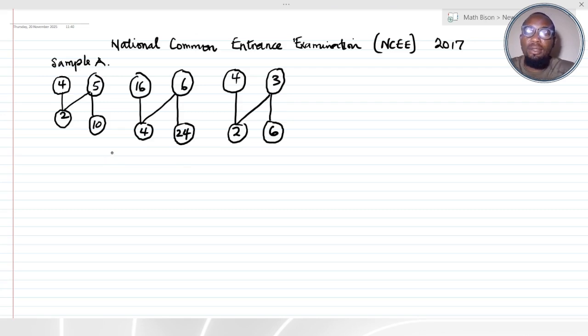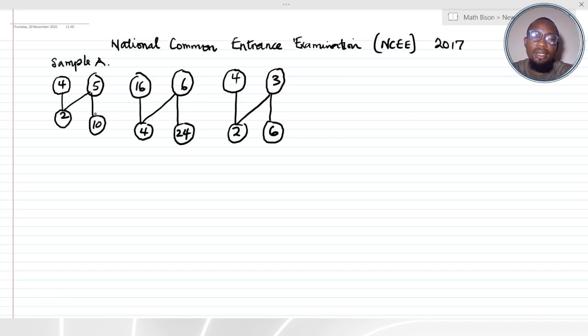Now, the first thing you must always look at is how the diagram is flowing. You have 4 circles, and there are connectors. There's a line connecting 4 to 2, another connecting 2 to 5, and another connecting 5 to 10.